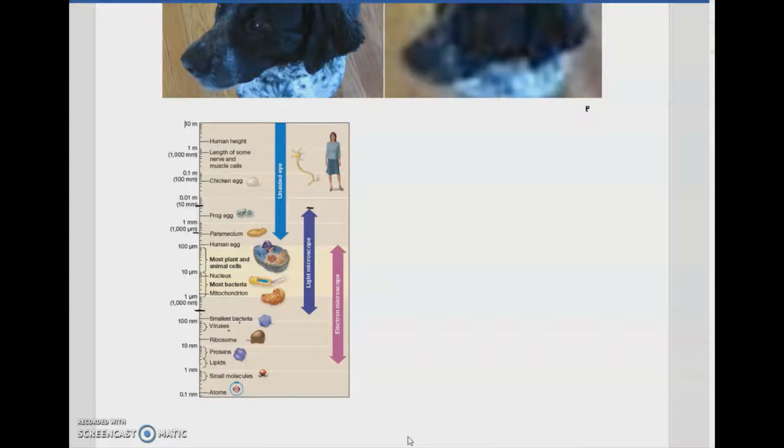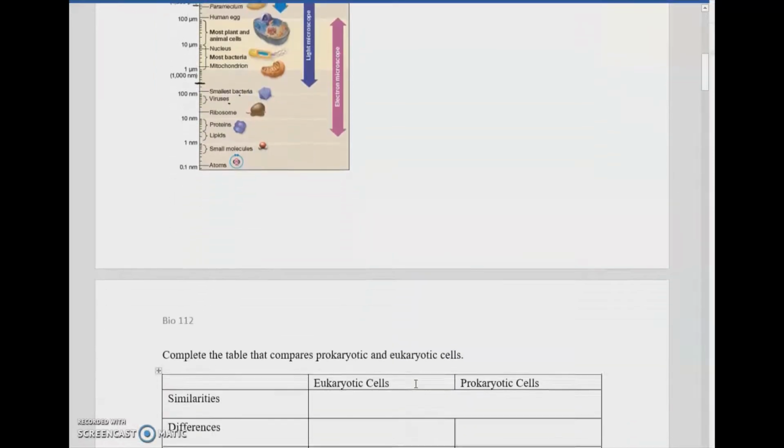And we can't see viruses at all with a light microscope. An electron microscope, though, can see viruses and small bacteria and even ribosomes and small proteins. An electron microscope generally can't see atoms. There's a special kind of electron microscope that can, but in general we can't see small molecules like water or individual atoms.